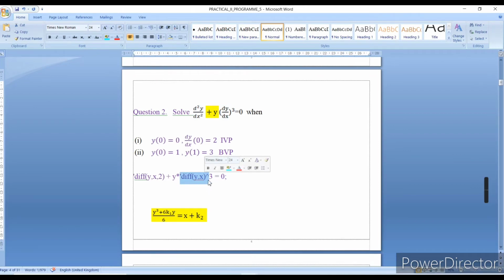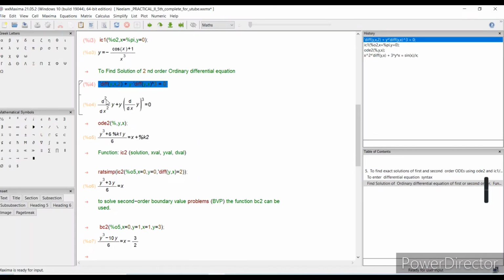So first of all you will enter this differential equation in the MAXIMA software. I already did this here, so in input 4 I will write it and press shift enter. This enters the differential equation.